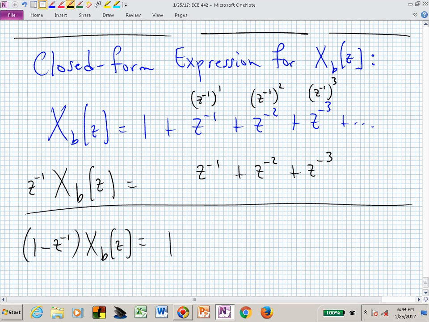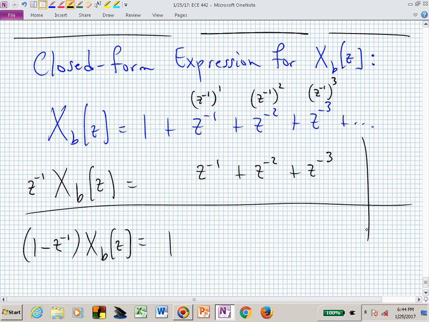Now, when is that top blue expression well behaved? When does that make sense? When will that sum to a good value or a bounded value? We want that z to the minus 1 factor to be less than 1, don't we? So that when we keep raising it to higher and higher powers, it shrinks.